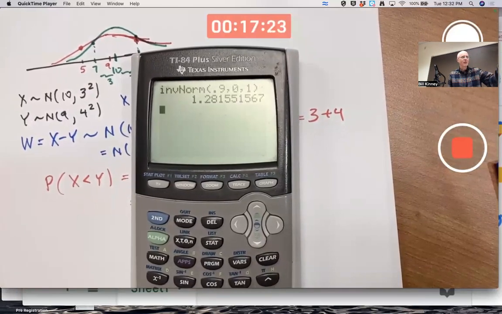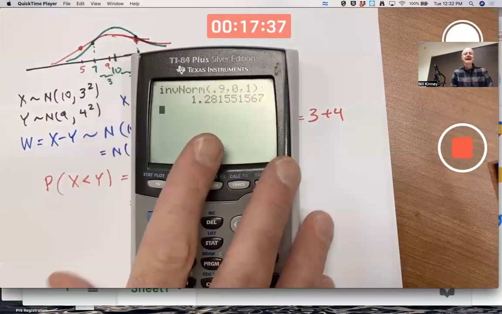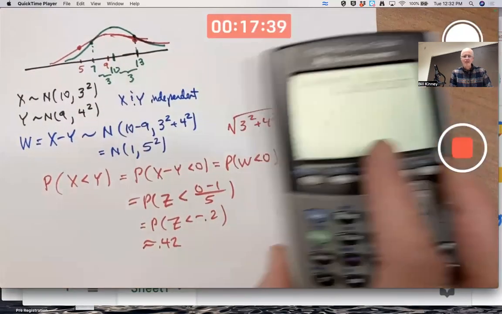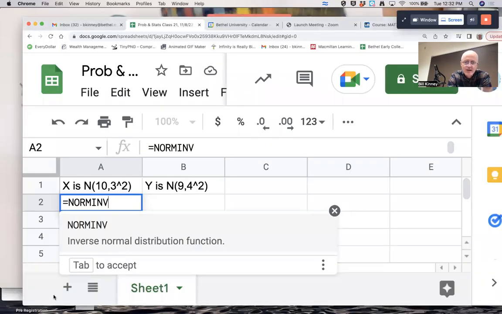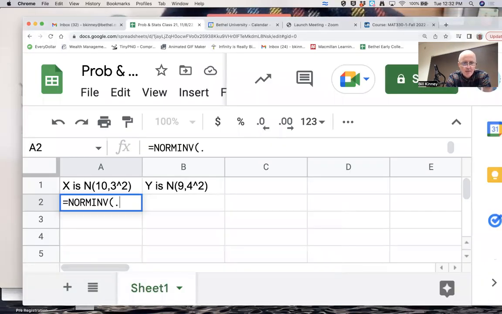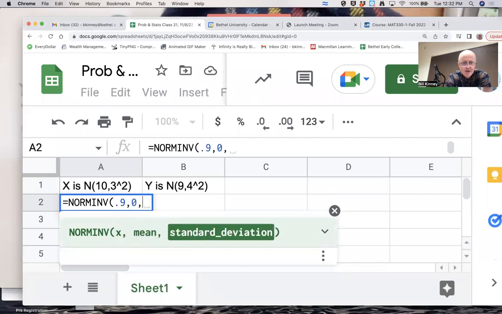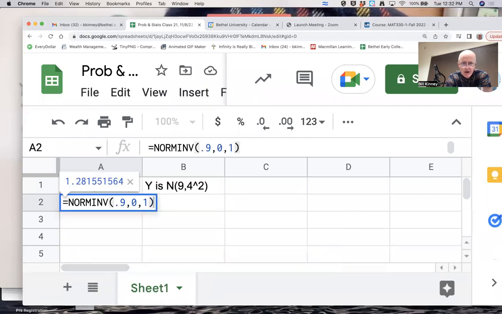That number, z equals 1.28, is a number on the horizontal axis for a standard normal curve where the area under the curve to the left is 0.9. The CDF value, if you plug 1.28 into the CDF of a standard normal, you get 0.9. NORMINV on a spreadsheet does the same thing. If I plug in a 0.9, mean of 0, standard deviation of 1, there we go, 1.28.